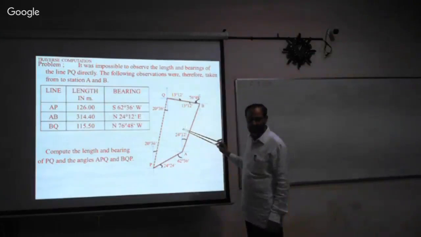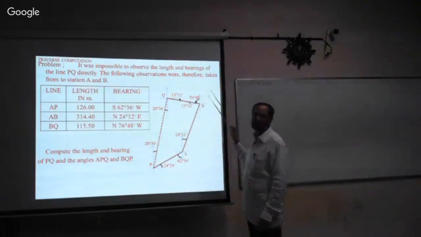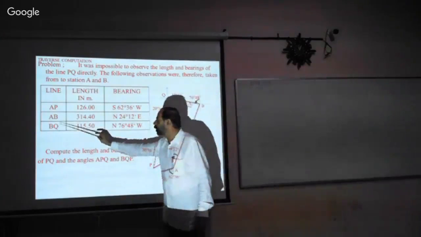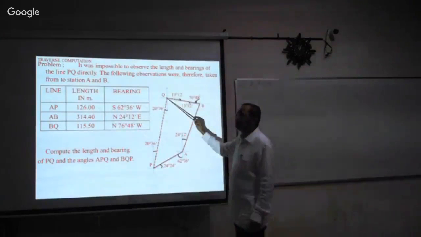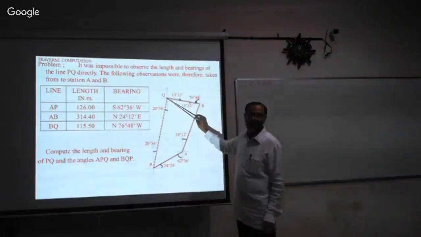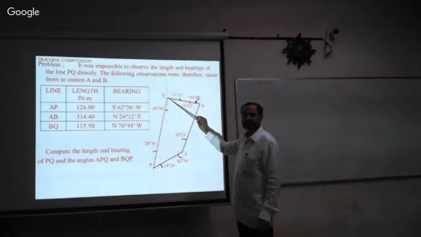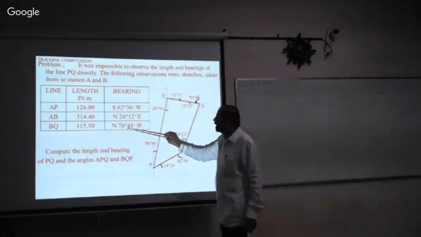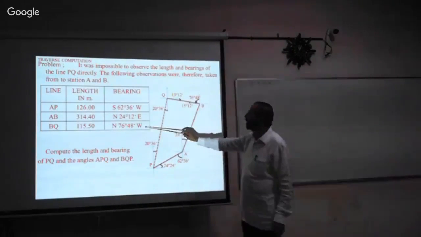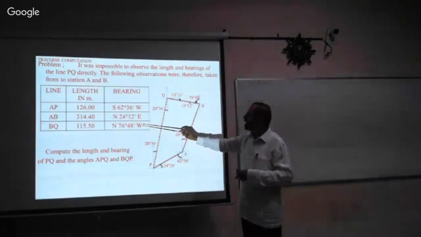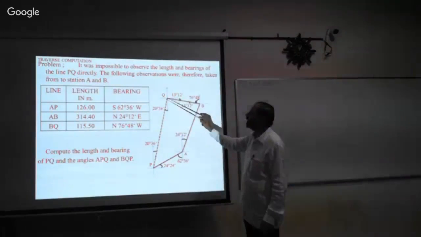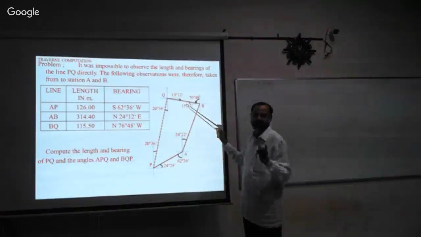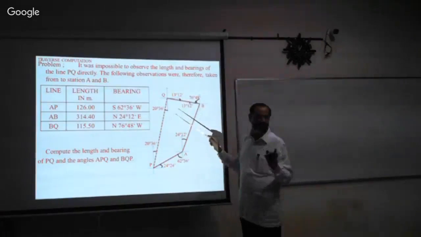And the third line B to Q is 115.5 meter long, with bearing 76 degree 48 minutes northwest, that is in the fourth quadrant. Remember this, you should carefully note down all these things.